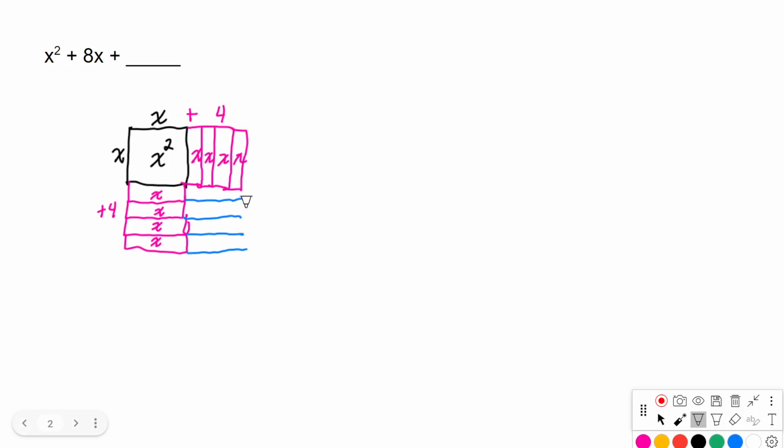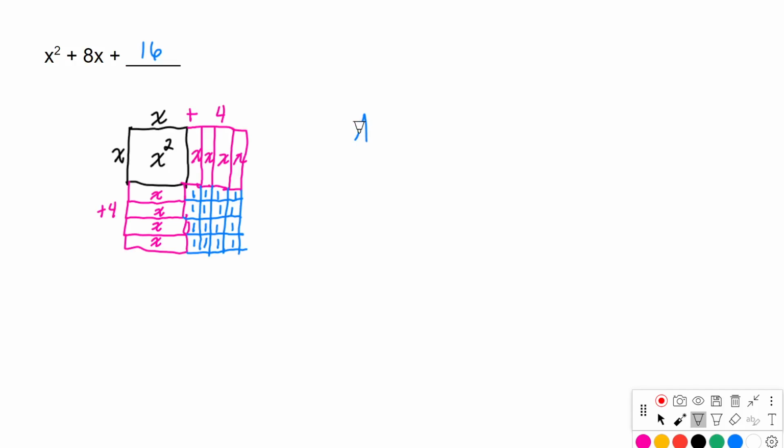So we have the 4 rows, and we're going to have 4 columns. Each of these has an area of 1 square unit. So 4 by 4, 4 rows of 4, is going to be a total of 16.